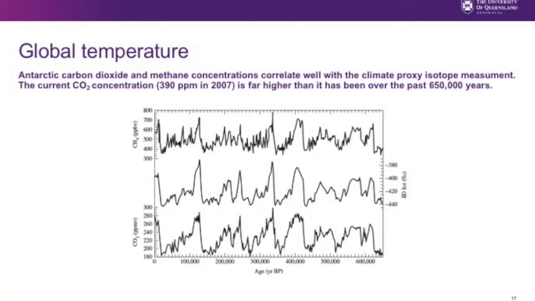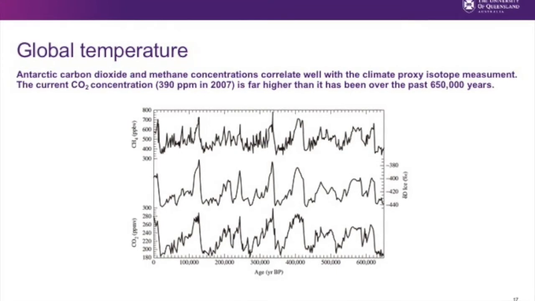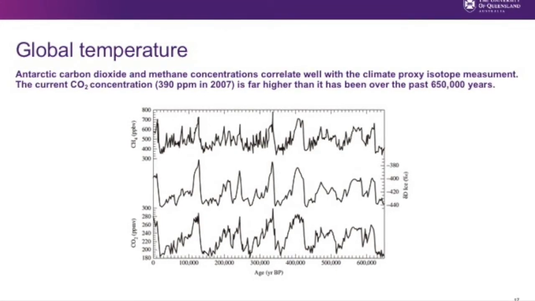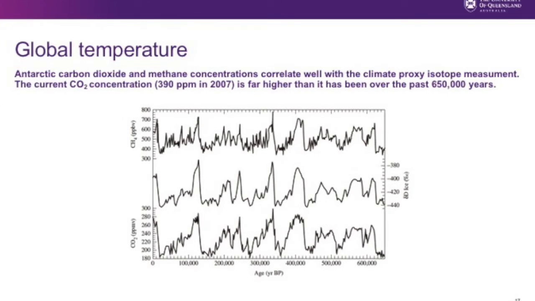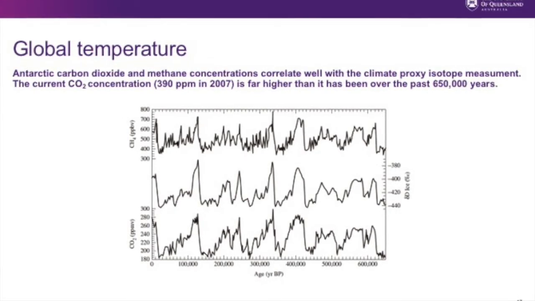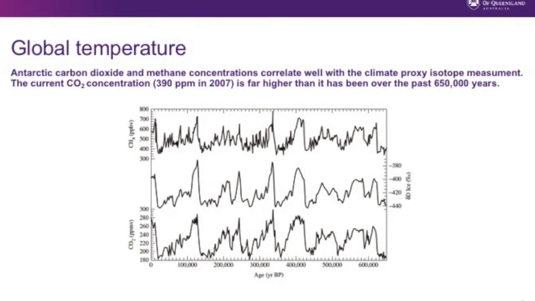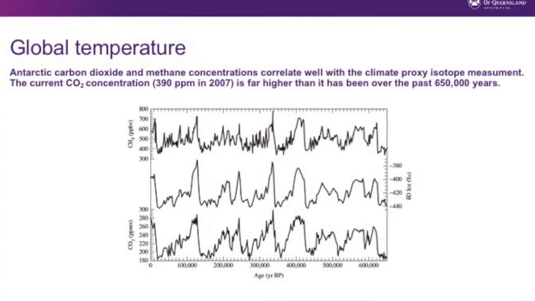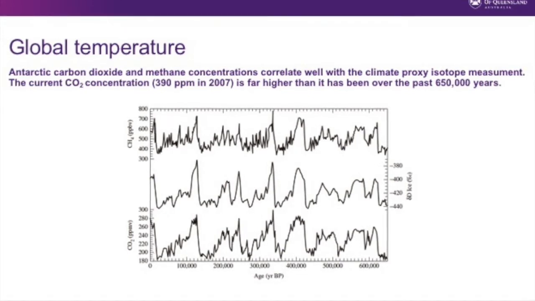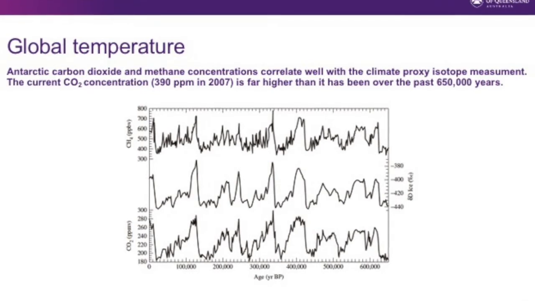Perhaps the most startling feature in the figure is how much higher the current CO2 concentration is than it has been in over 650,000 years, right? But what is really not clear by looking at only this figure is whether it is changing concentrations of greenhouse gases that cause temperature changes or vice versa.